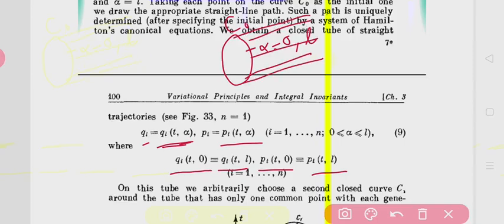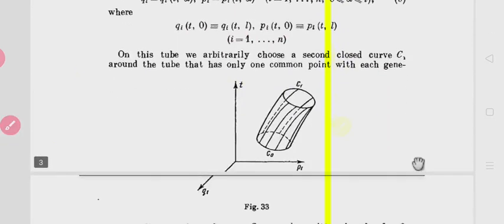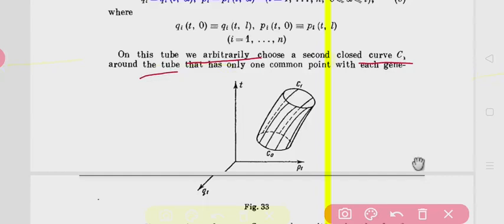So on this tube, suppose I arbitrarily consider some curve, C1, whose equations are given by, in the same manner, we arbitrarily choose some other curve C1 around the tube that has only one point in common with each trajectory.